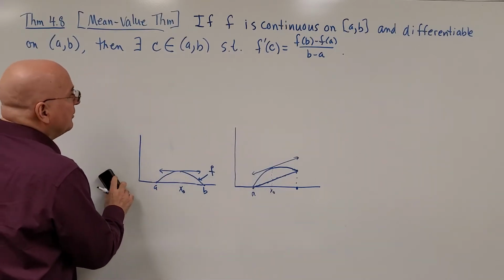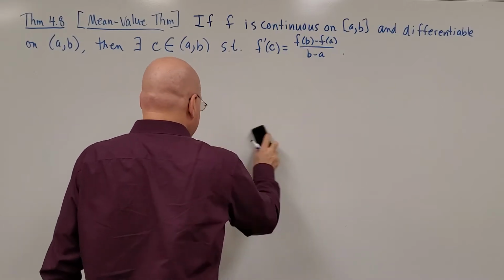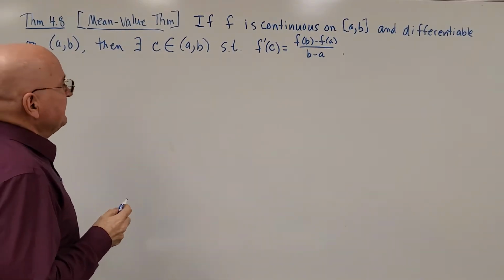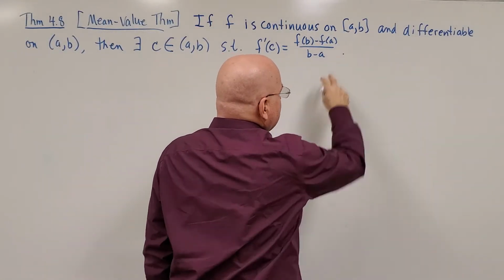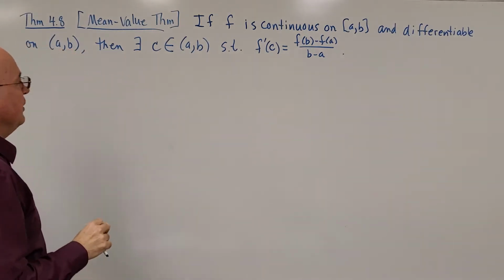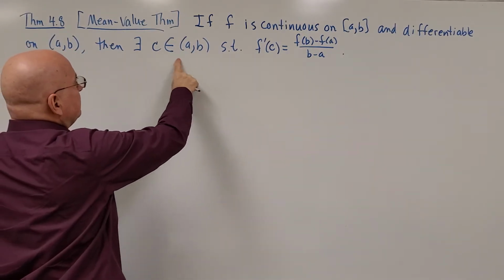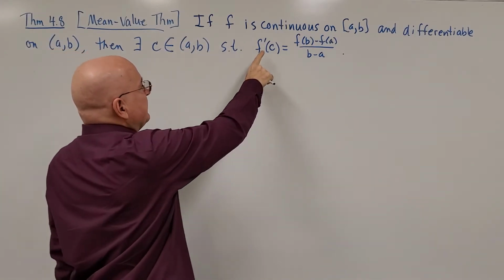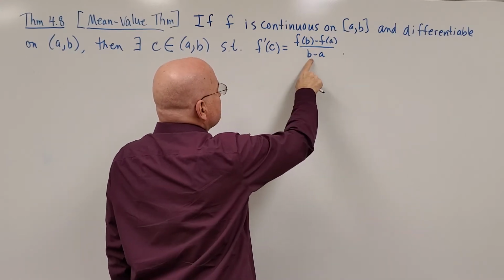Okay, let's state and prove the mean-value theorem, theorem 4.8. If f is continuous on the closed bounded interval [a, b] and differentiable on the open interval (a, b), then there is some point c in the open interval (a, b) such that f prime of c is equal to this. Now notice what this is.